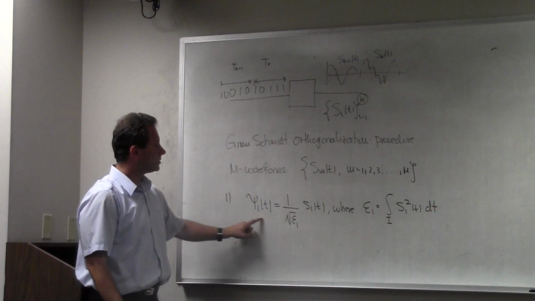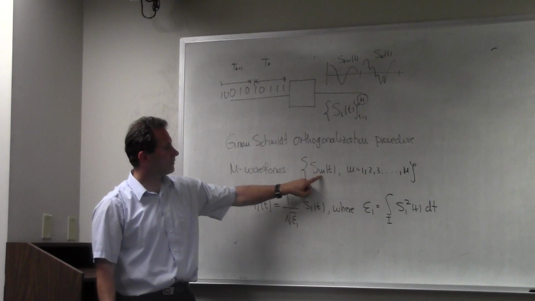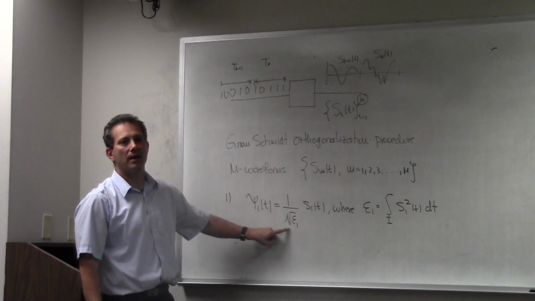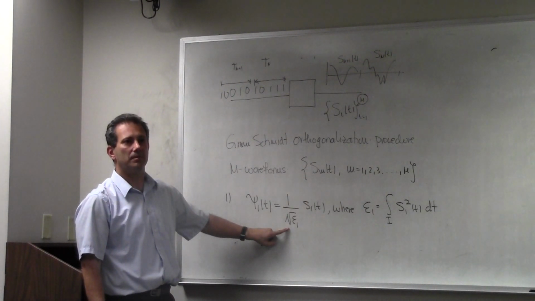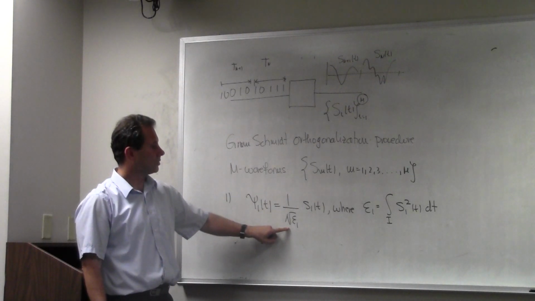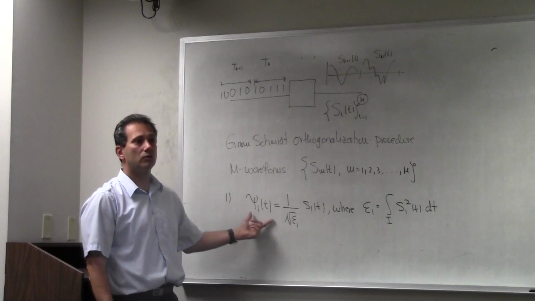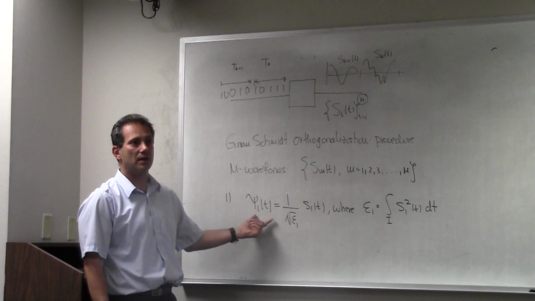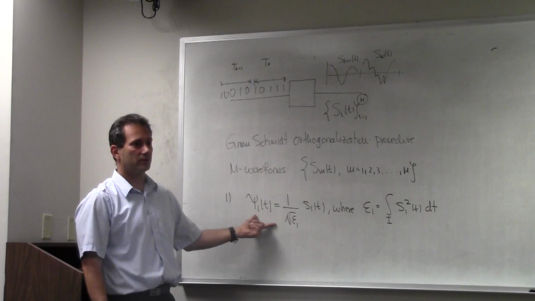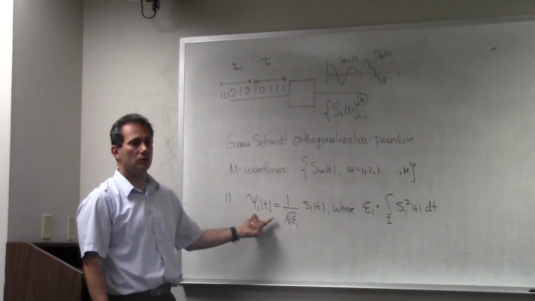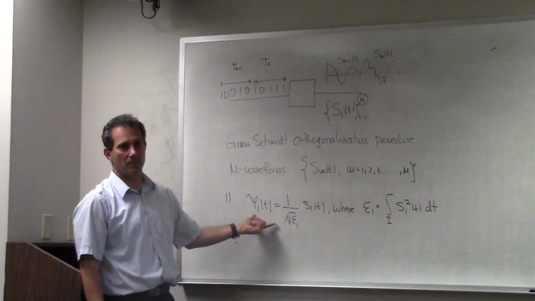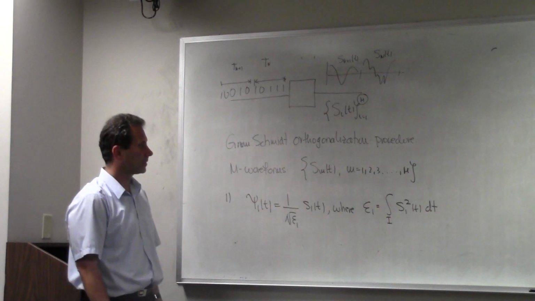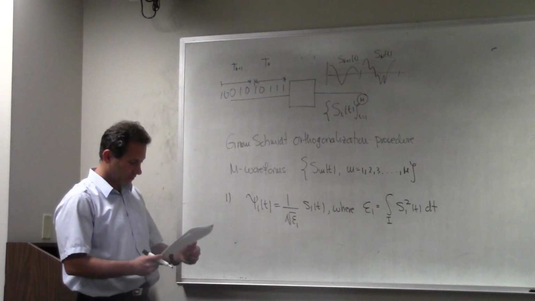So for the first basis vector, I just pick the first one and normalize it, dividing by the square root of its energy, which makes it unit norm. If you take the dot product of this vector with itself, you're going to get 1. It's going to be unit norm. So that's my first basis vector.